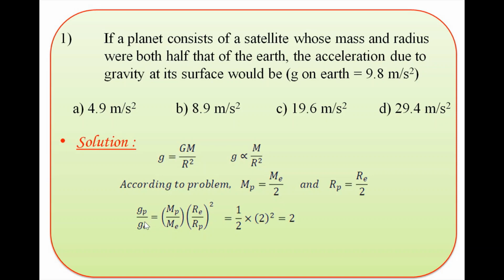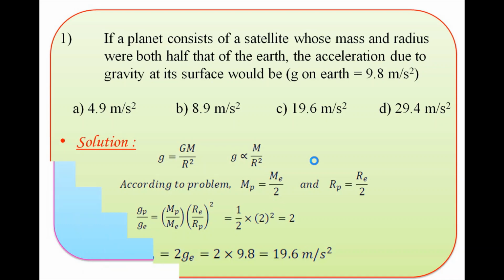That means Gp divided by Ge is equal to 2. So the acceleration due to gravity of the planet, Gp, is equal to 2 times Ge. Putting the value in the equation, we get 2 into 9.8, which is 19.6 meter per second square. So option C is correct.